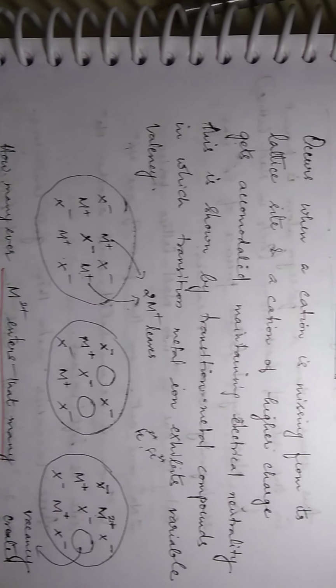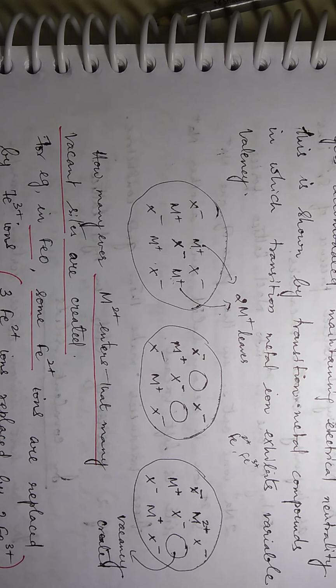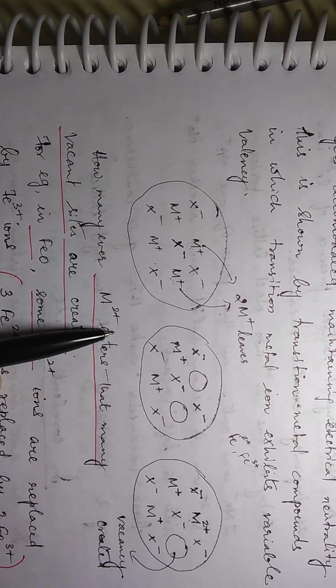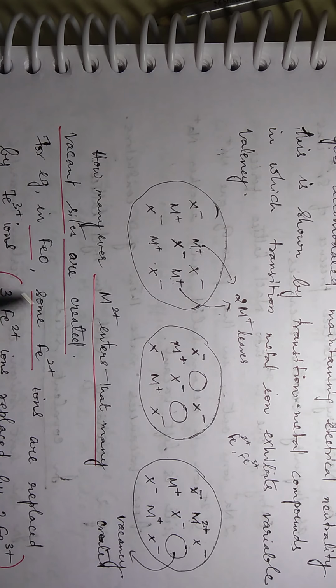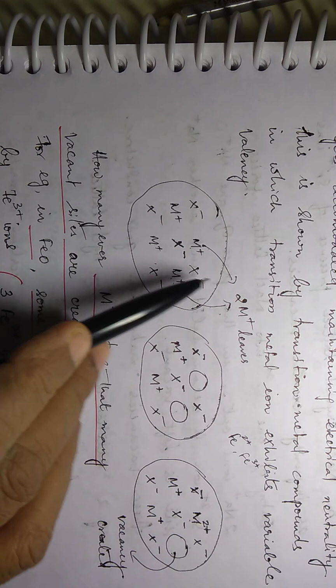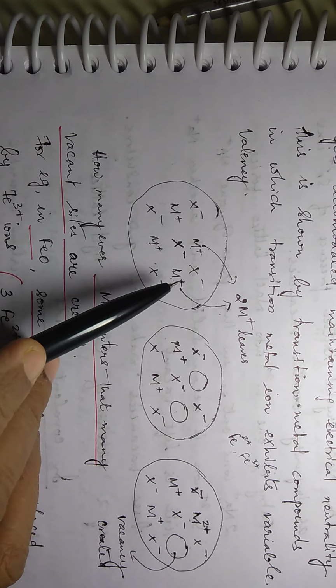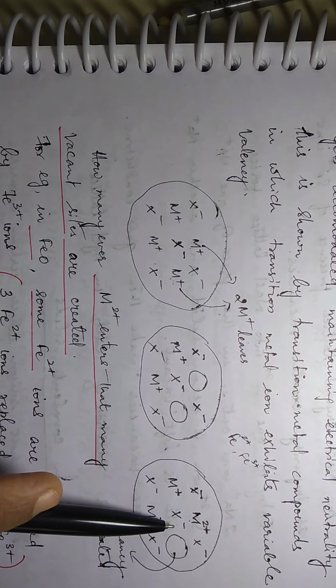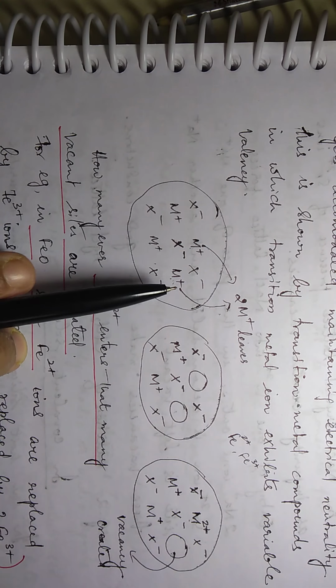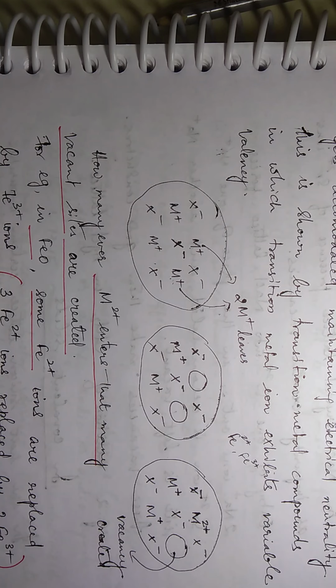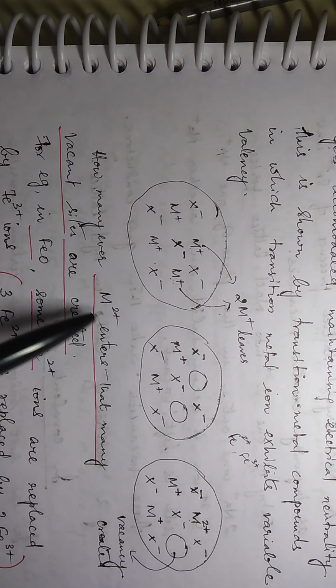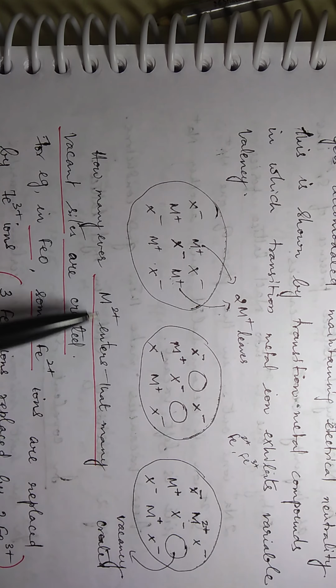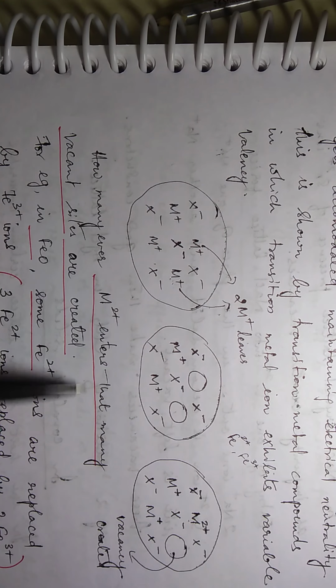How many ever M2 plus enters, that many vacant sites are created. Say two M plus ions are leaving and one M2 plus is taking entry and one vacancy is created. Is that clear? So how many ever M2 plus enters, that many vacant sites are created.